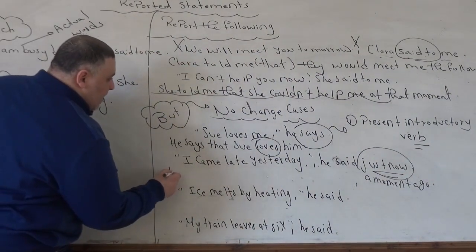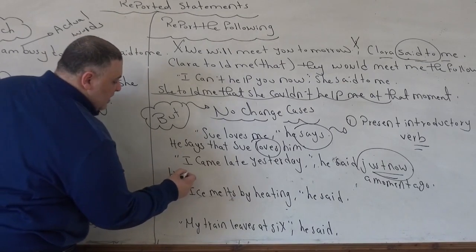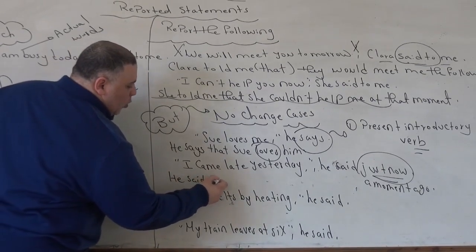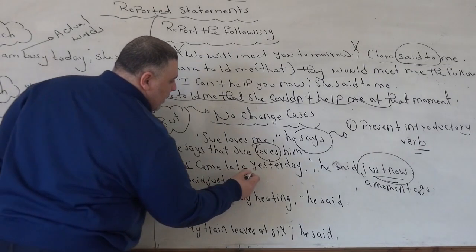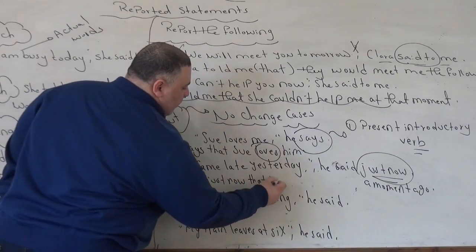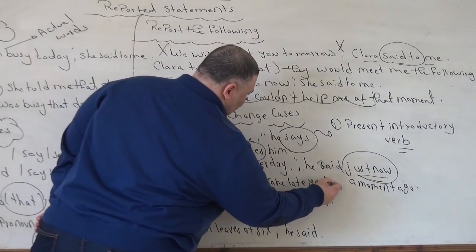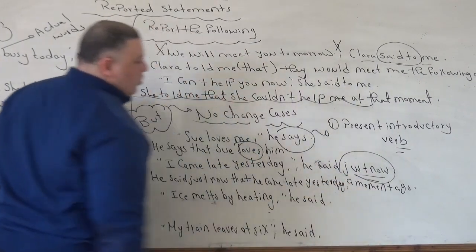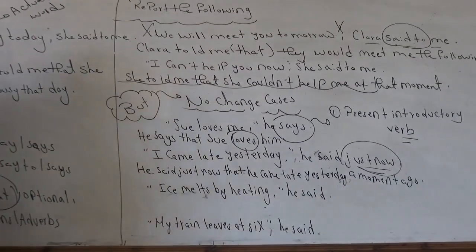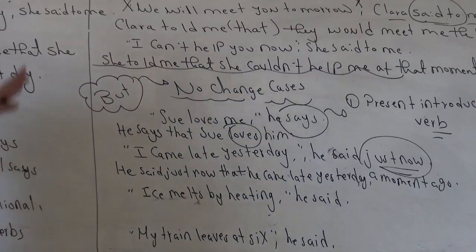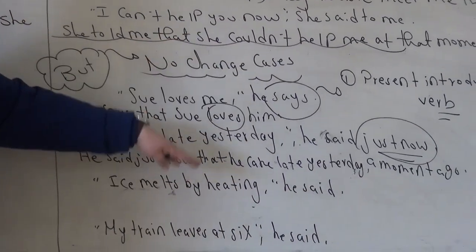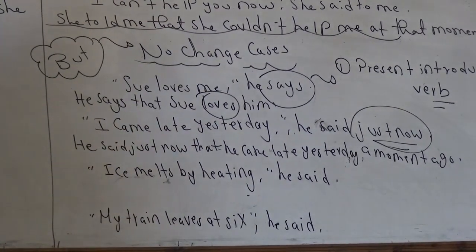So I will say he said just now that he came late yesterday. Some people will say, am I going to keep yesterday without changing it into the previous day, for example, or the day before? I will say yes, because the man said just now or a moment ago.